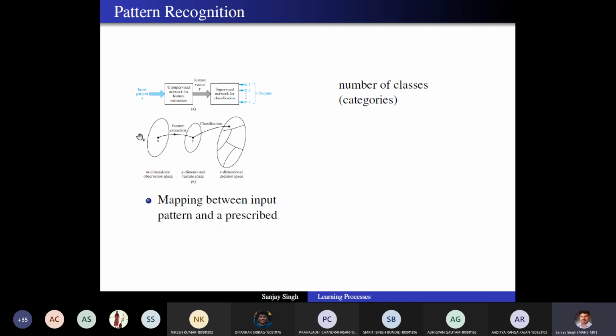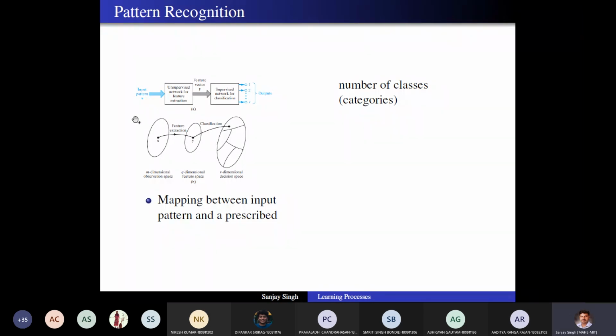So in one scenario, you give the input pattern and you don't know what is happening, so you apply some sort of unsupervised learning over it, mainly to extract some features. Based on this feature vector, you then apply the supervised learning network and get the output. So it becomes either a classification or a regression problem, whatever it may be.